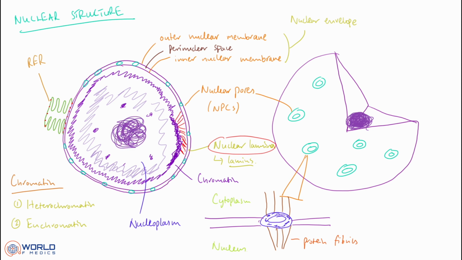And this houses various different things, all the genetic material, ranging from DNA to RNA and to various different proteins. So there you go, that's a quick overview on the structure and the function of the nucleus.